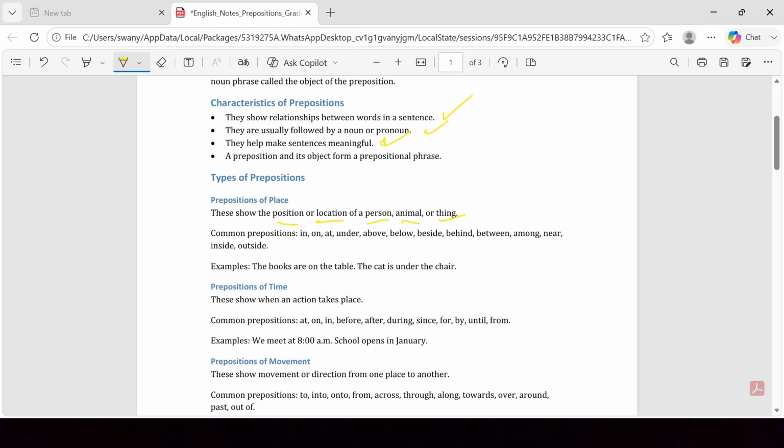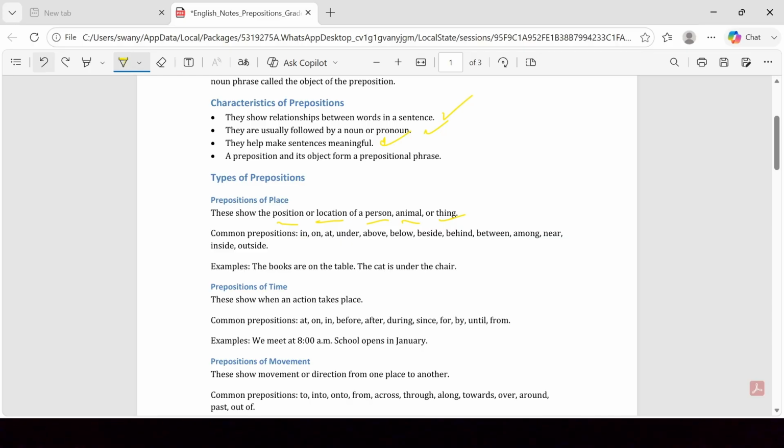Common prepositions we have: in, on, at, under, above, below, beside, between, among, near, inside, and outside. Those are examples of prepositions of place.